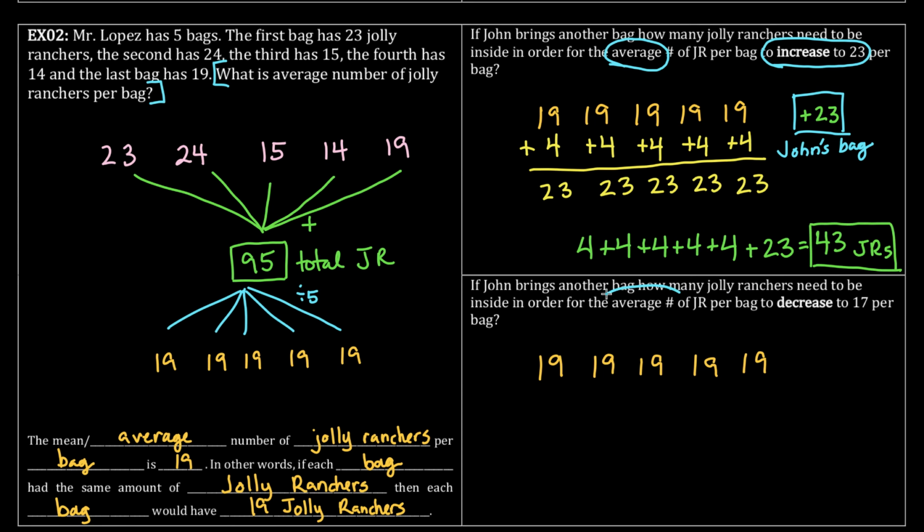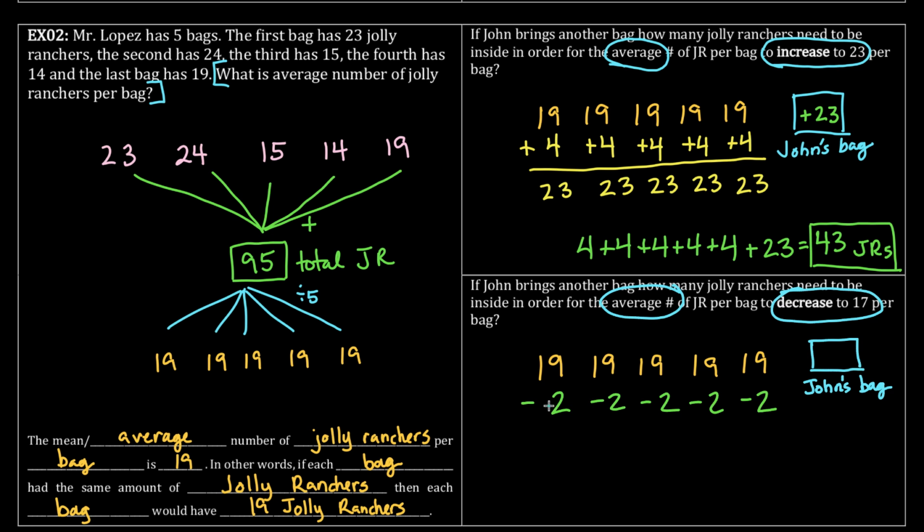So he wants the average to decrease to 17. So he needs to take away 2 from each one, right? Forgot to do John's bag. John's bag.